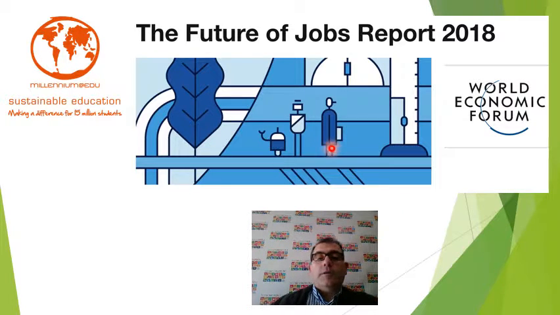Another report we chose for this package related to technology is the Future of Jobs report from the World Economic Forum. This document we include in this package because the Future of Jobs report is very linked to the jobs which will be created and the kind of jobs which will be created in the future, and also the jobs which are more in a position to disappear.